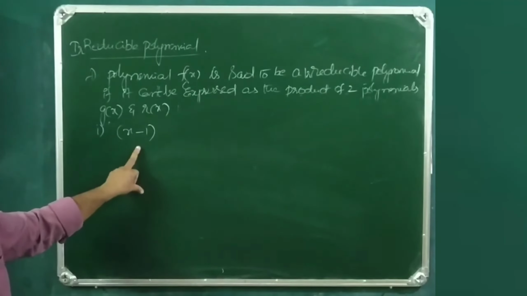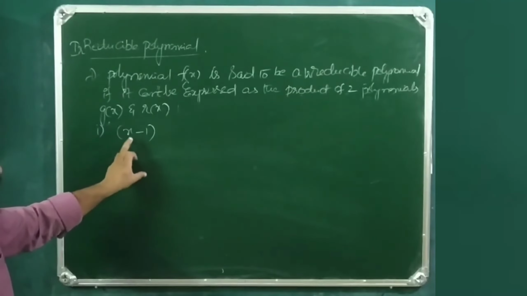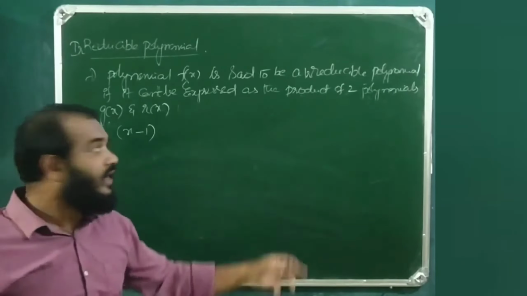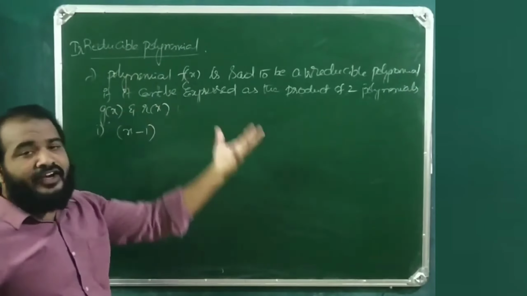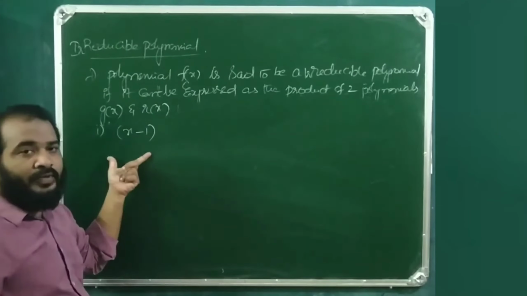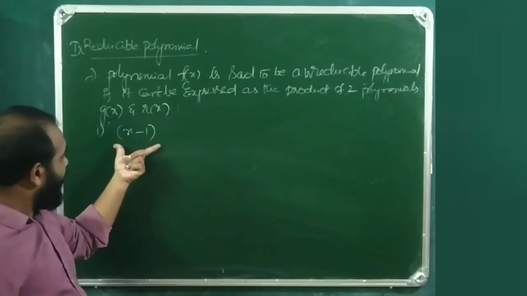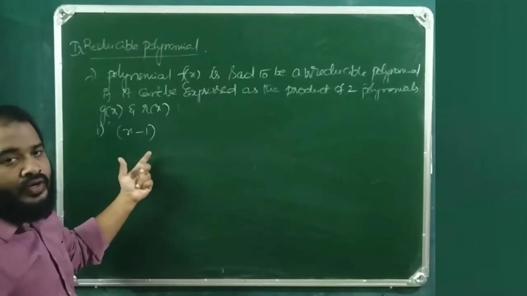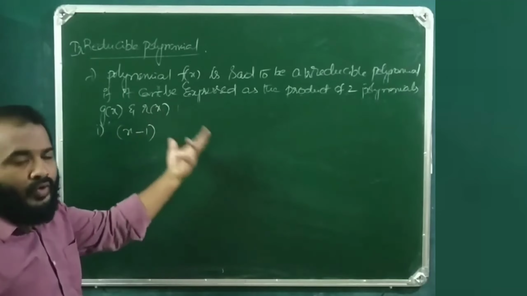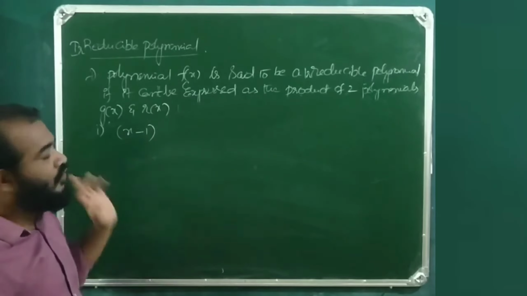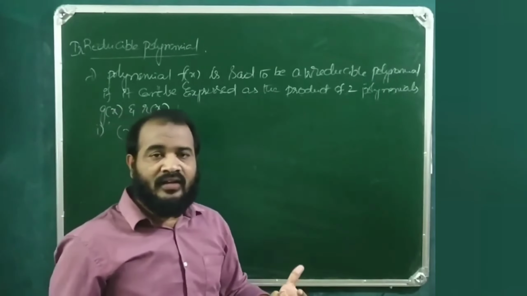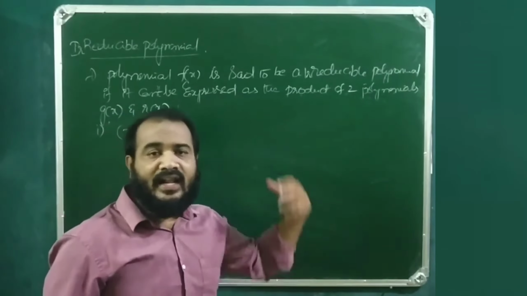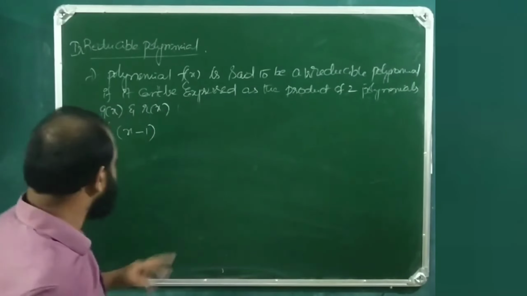It is a linear polynomial. Every linear polynomial is an irreducible polynomial, because it cannot be written as the product of two polynomials. So therefore we can conclude that every linear polynomial is an irreducible polynomial.